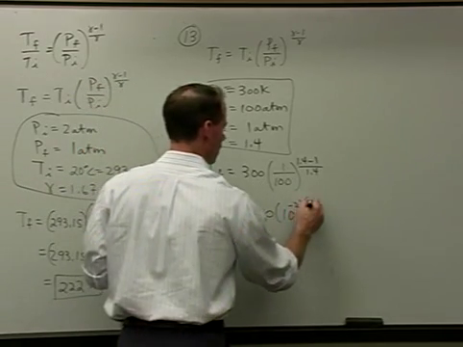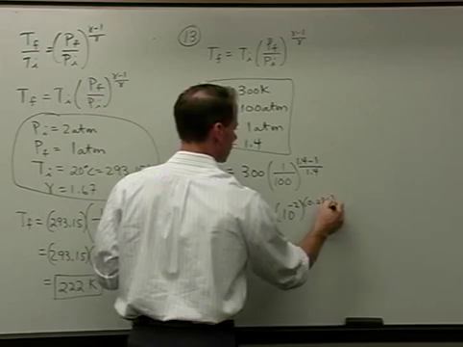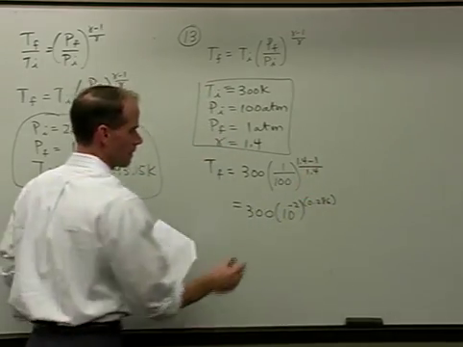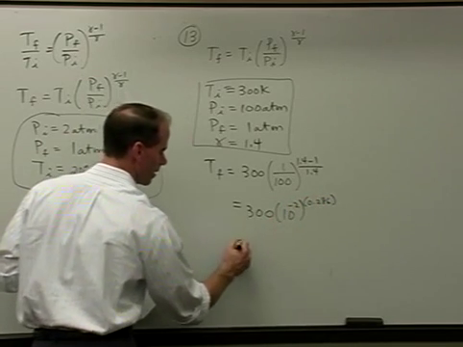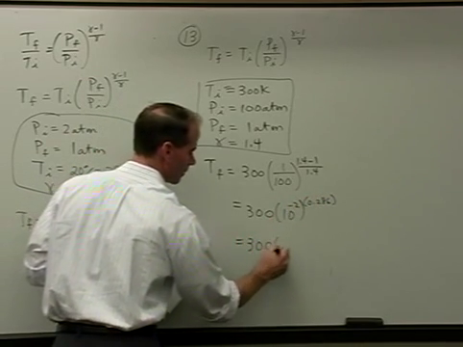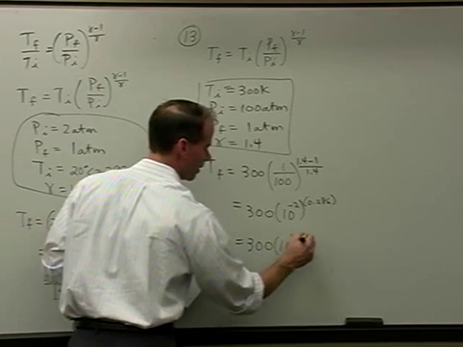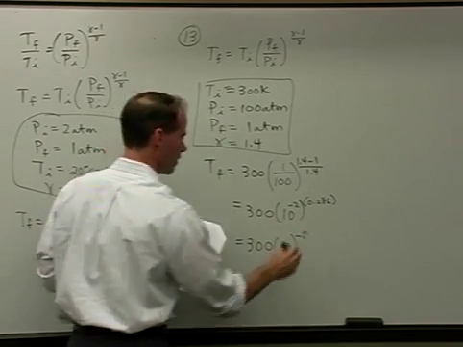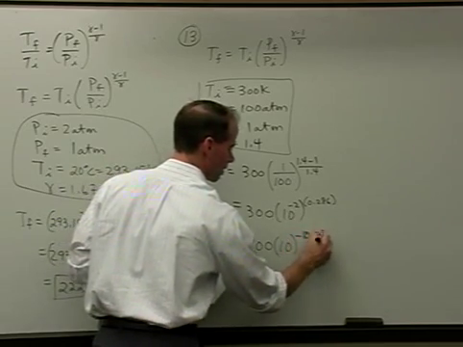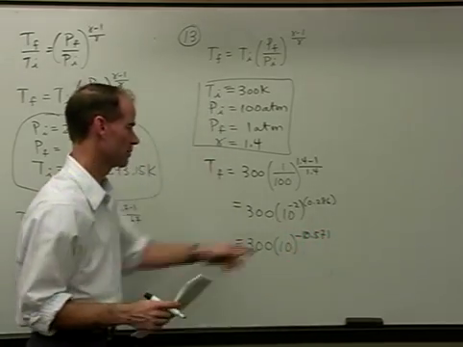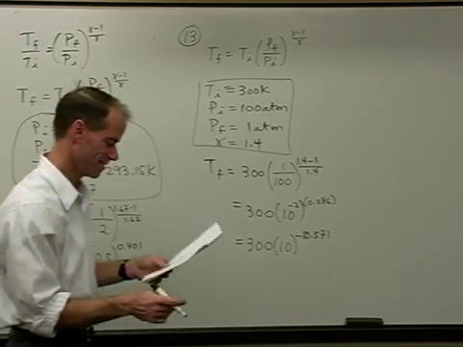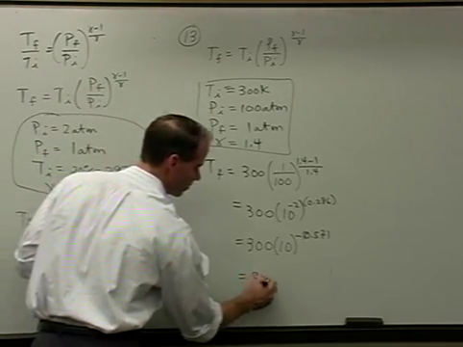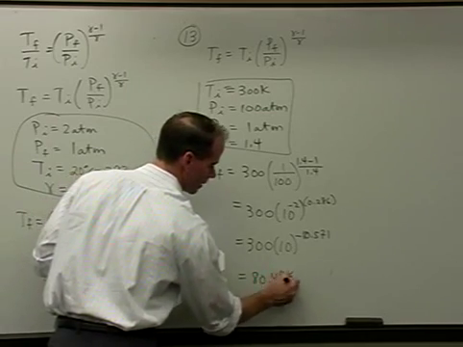And the exponent is 0.4 divided by 1.4, which is 0.286. And negative 2 times all that gives 0.571 negative, I'm sorry, the exponent is negative. That's something you can actually put in your calculator. And this gives us 80.48 degrees Kelvin.